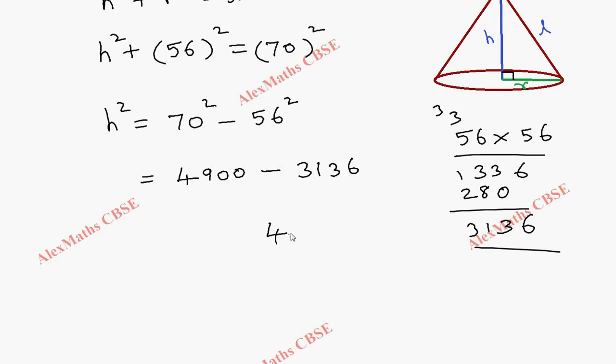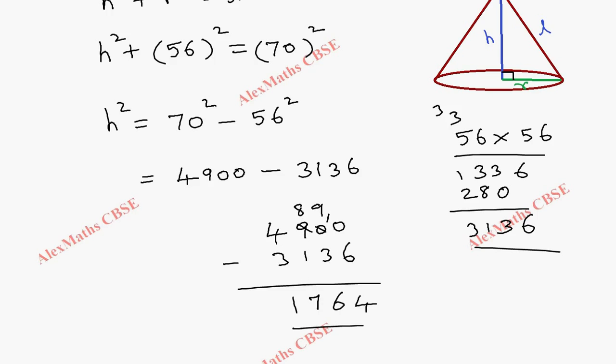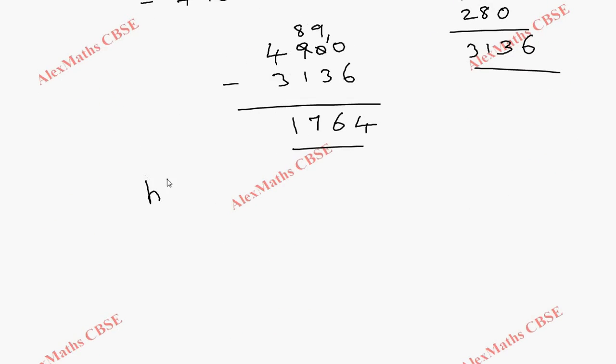Let's subtract 4900 minus 3136. 10 minus 6, 4. We borrowed here, this becomes 9. 9 minus 3, which is 6. We borrowed here, this becomes 8. 8 minus 1, 7. And this is 1. Totally the value of h square is 1764. Let's factorize this.